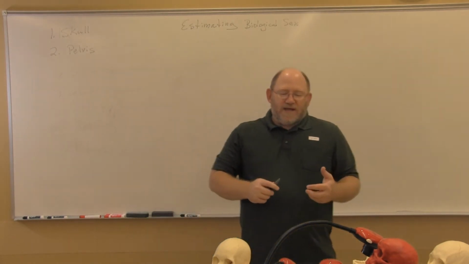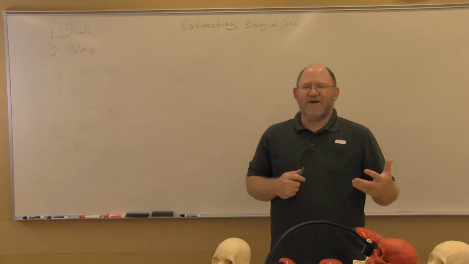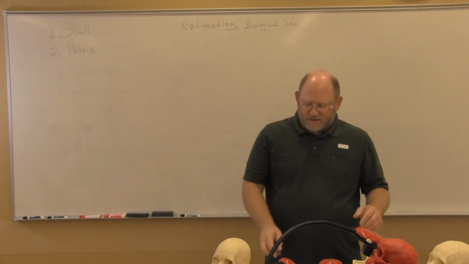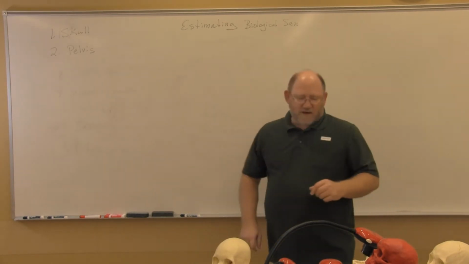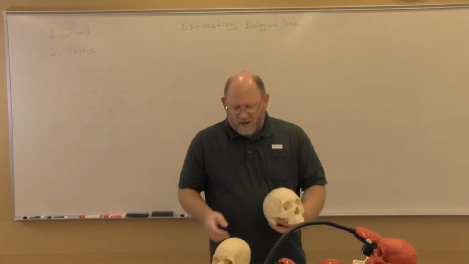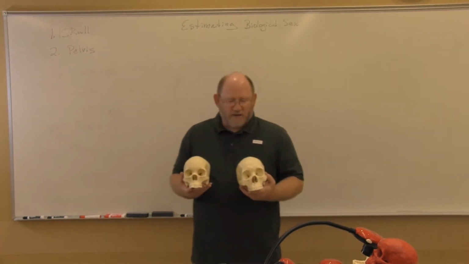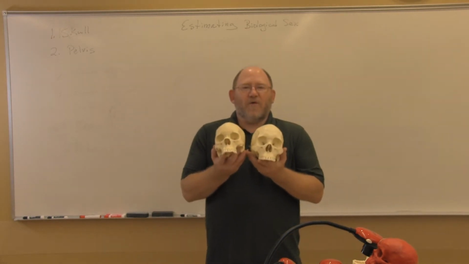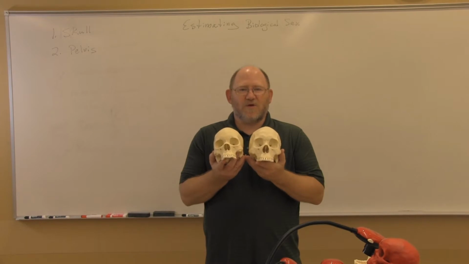So I'm going to give you a number of the characteristics that are associated with estimating biological sex, but not all of them. So first I'm going to talk about the differences with the skull, and I will write each characteristic down after I talk about them. So this is a male and a female skull.